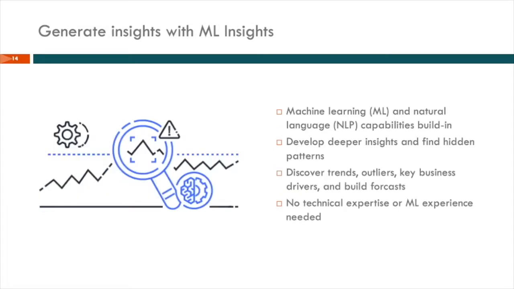I mentioned the ML. So they've got both machine learning and natural language processing capabilities built in that allow you to do some out-of-the-box interesting stuff, like anomaly detection, looking for outliers, identifying key business drivers, taking a look at what we call component analysis, right?